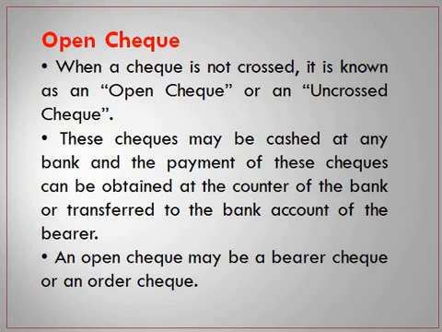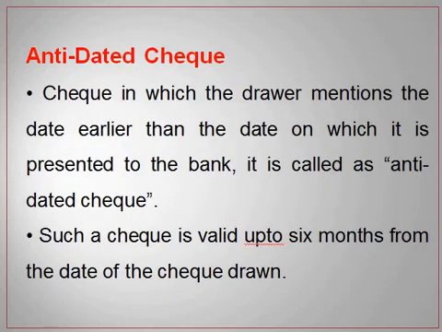So this open check just means an uncrossed check. It does not need any bank account in the same bank. We will carry the check and we can withdraw the amount using it. So this open check is one of the convenient ways.